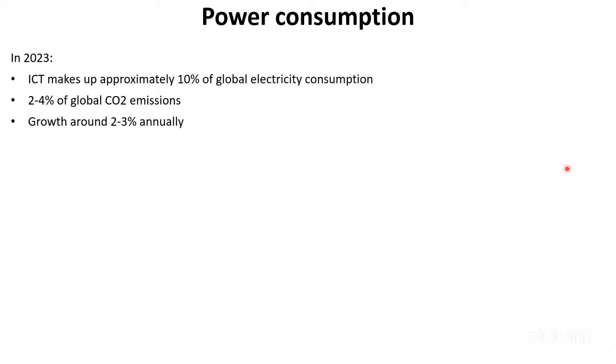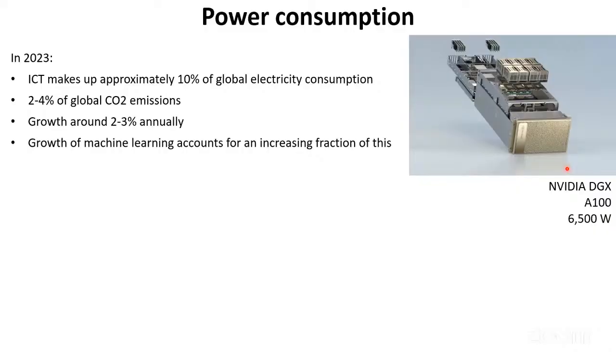So this has to be managed by the industry, and in order to meet that growth, we go for the GPUs, which are used for machine learning applications, and big servers are required to run these GPUs, which require a lot of power. For example, this NVIDIA DGX A100 requires 6,500 watts of energy, which is very high. So you can see 6.5 kilowatts of power is required.